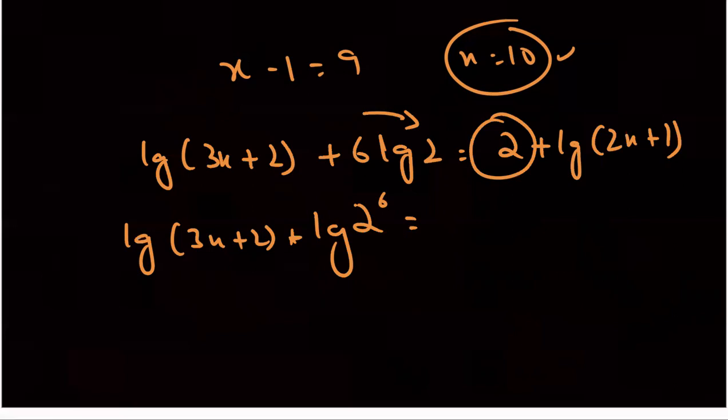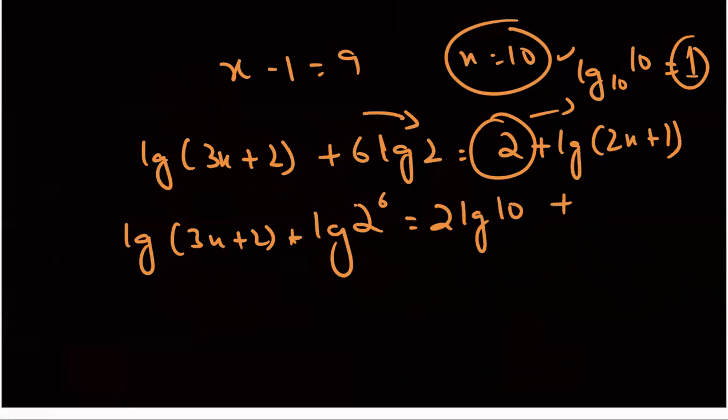Now this 2 can be replicated as, if the bases are the same, it becomes 1. For example, log 10 base 10 becomes 1. So 2 can be written as 2 log 10, plus log(2x plus 1), because this whole value is 1.